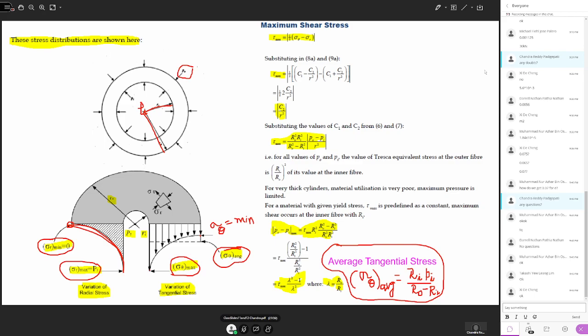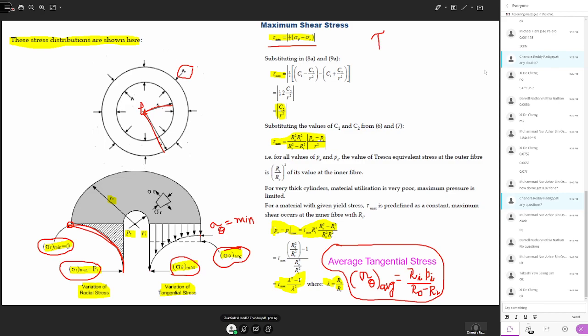All right. So now let us go through the formulas given in your learning guide. The maximum shear stress you can write as tau max, where we ignore the sign and take the magnitude only.